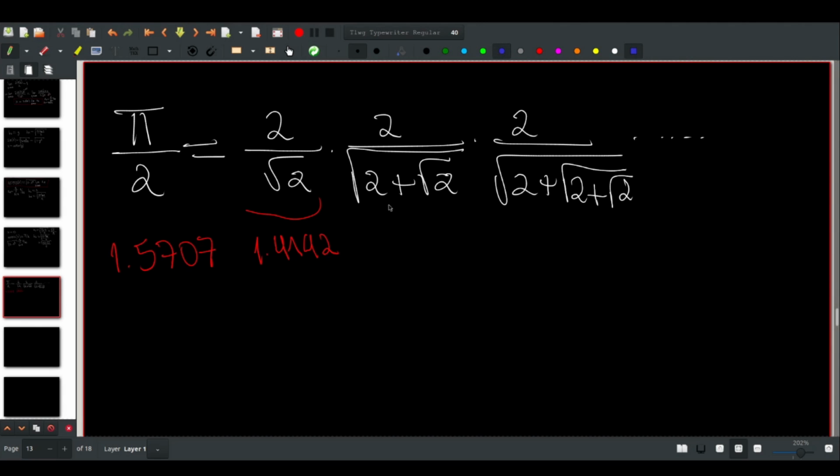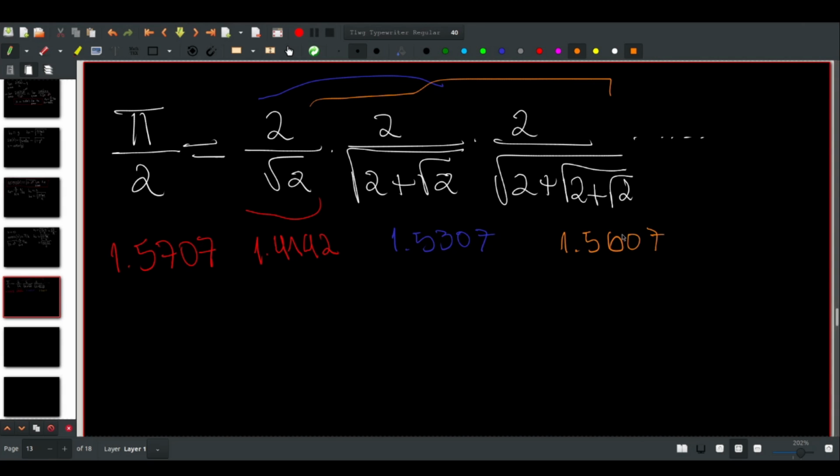Now if I consider the first two factors, these two numbers, what I get is actually 1.5307, and if I consider all three, the value that I get is actually 1.5607.